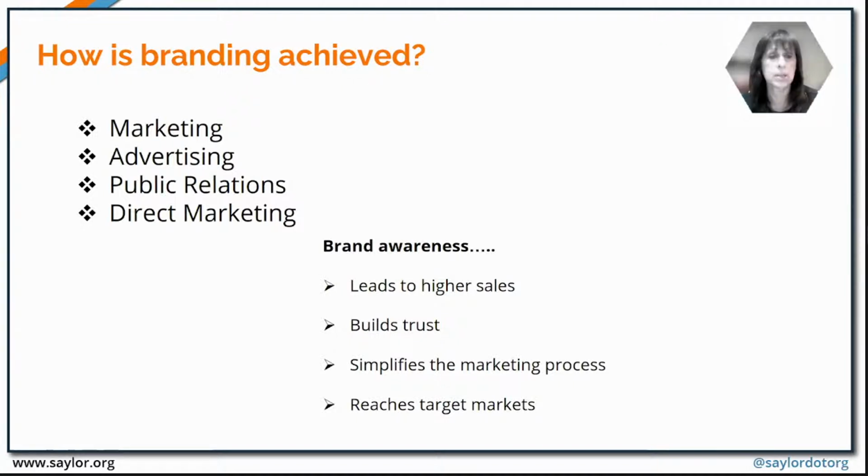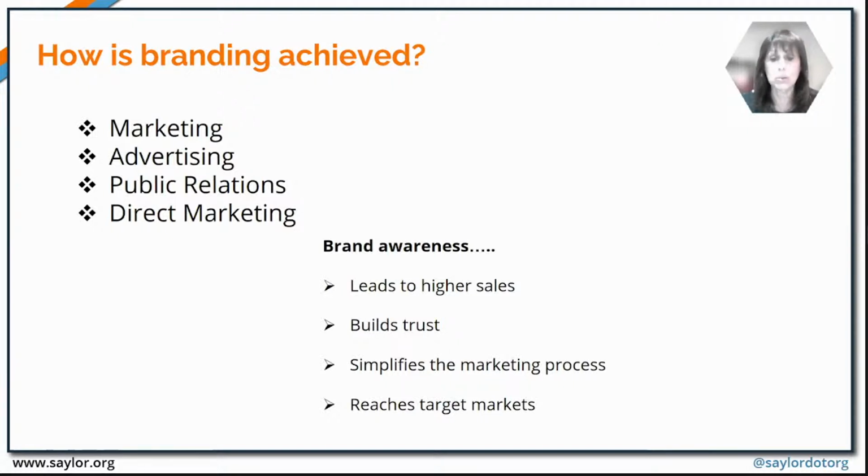It also helps to simplify the marketing process. If you have a brand that has strong brand equity, and we'll talk about this in a moment, strong brand awareness, your marketing activities are easier. You could just put out that logo and consumers will automatically know what you're offering. So it really helps to simplify the marketing process. It changes the nature of the marketing messaging in a way that connects with consumers.